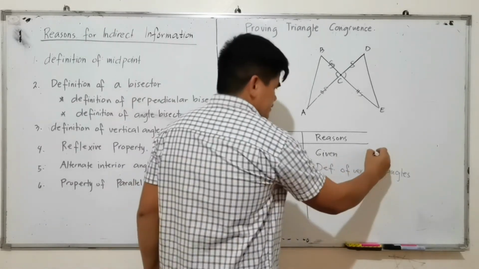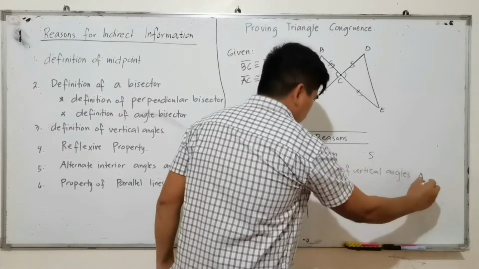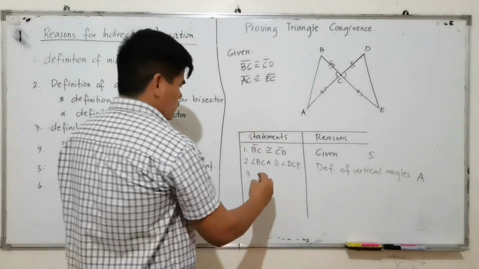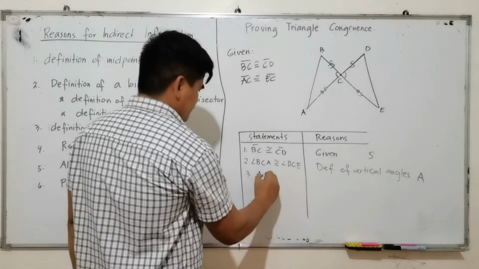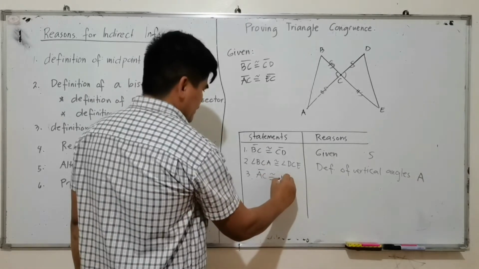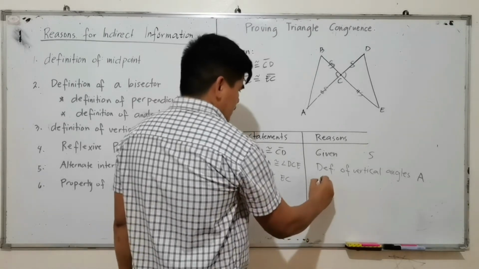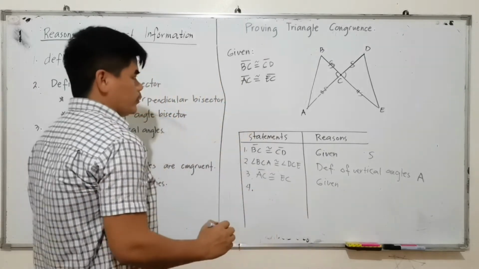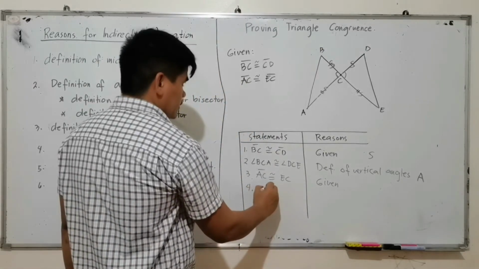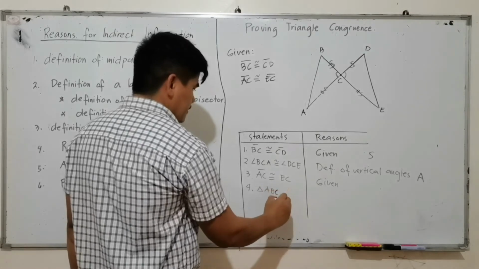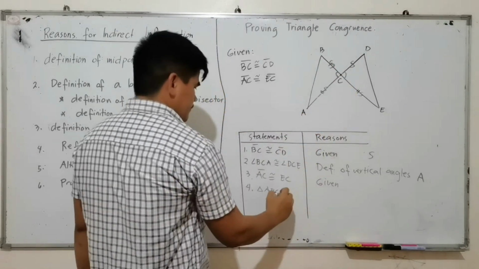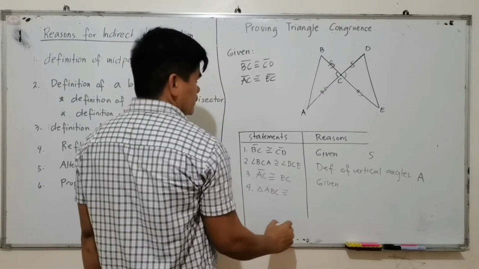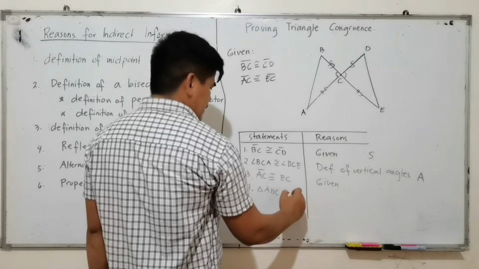Now we have S, we have angle, we need one side. And again, one side is given here. So we have AC is congruent with EC, and that is given. Then for number 4, we have triangle ABC congruent with triangle EDC.